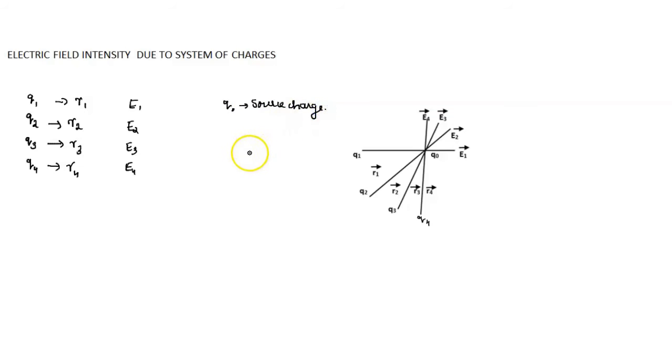So we need to calculate the total electric field intensity due to a system of charges. The resultant electric field intensity at a point due to a group of point charges can be found by applying the superposition principle.